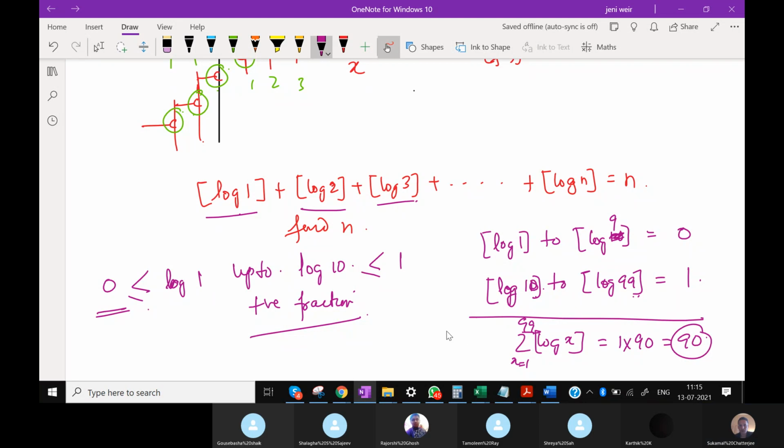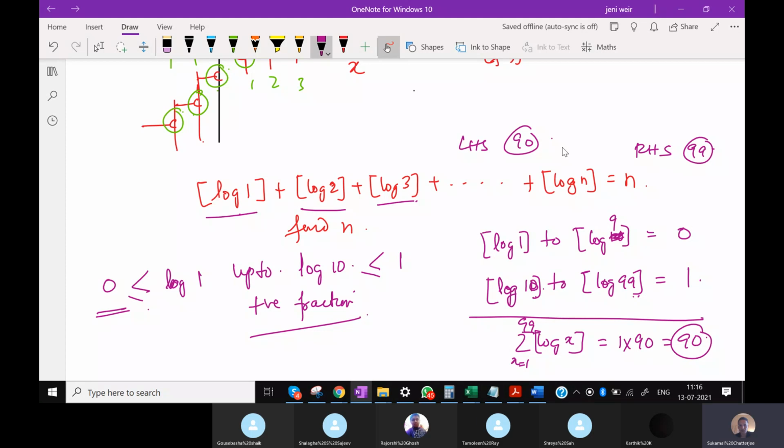So if I take n equal to 99, then I'm getting the left-hand side as 90 and the right-hand side is 99. So that means I have to add up a few more numbers to match the left-hand side with the right-hand side, right?